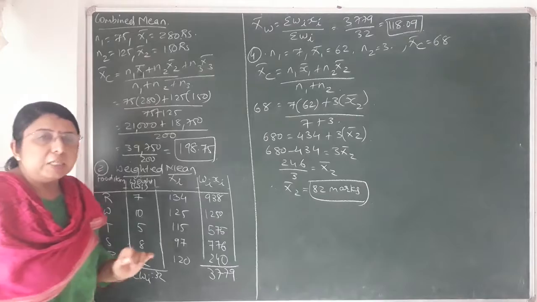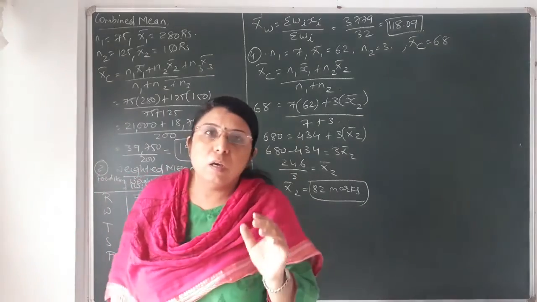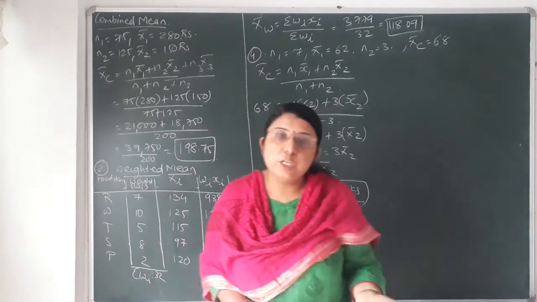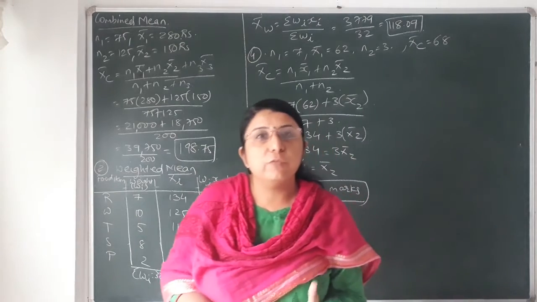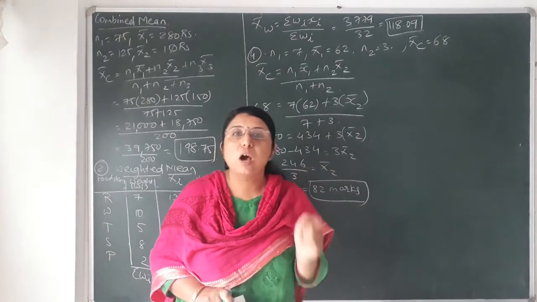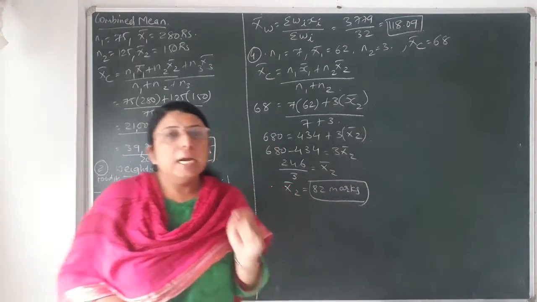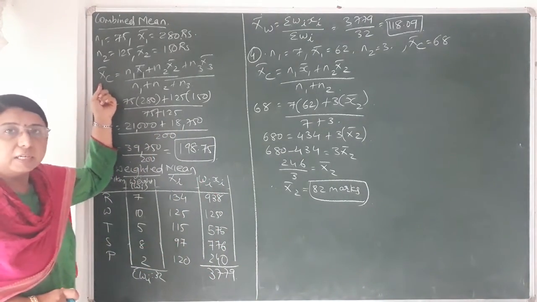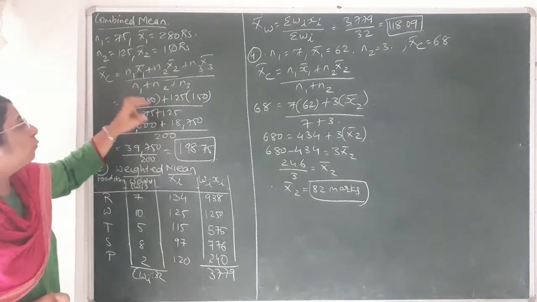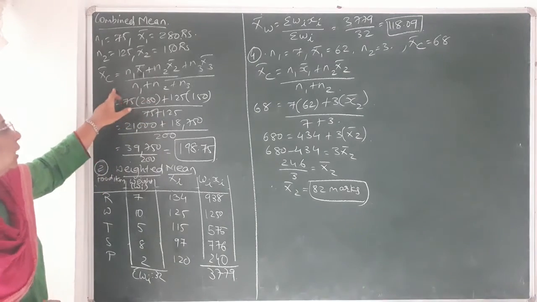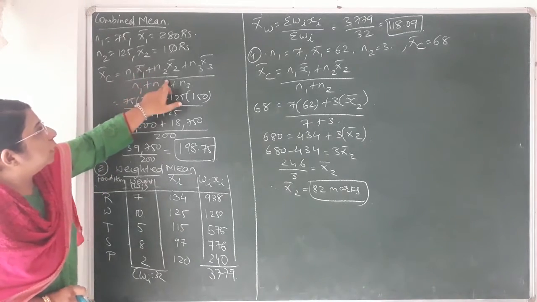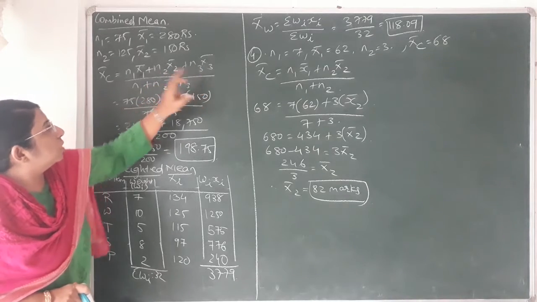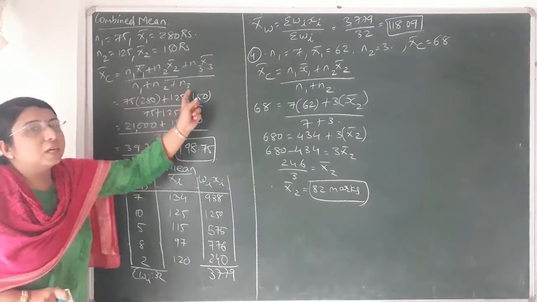Again repeating, combined mean is the mean that is given of different groups. To combine that mean of different groups, we have to apply the formula of combined mean. Symbolically it is represented as x bar c, and the formula is n1 x1 bar plus n2 x2 bar plus n3 x3 bar upon n1 plus n2 plus n3.